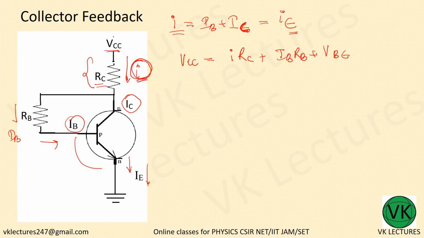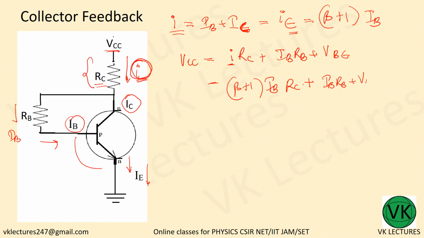Now this particular value I, as I said, I can write it as IE. That is nothing but beta plus 1 into IB. Correct? So beta plus 1 into IB into RC plus IB RB plus VBE.